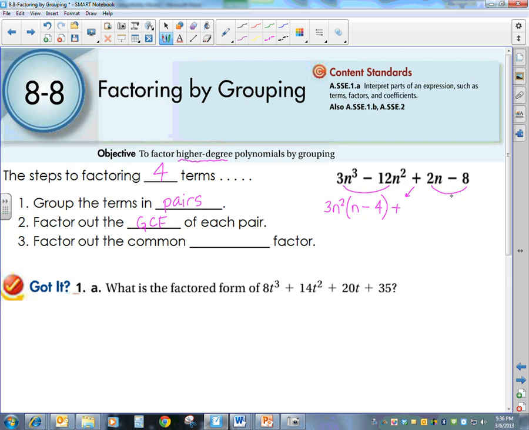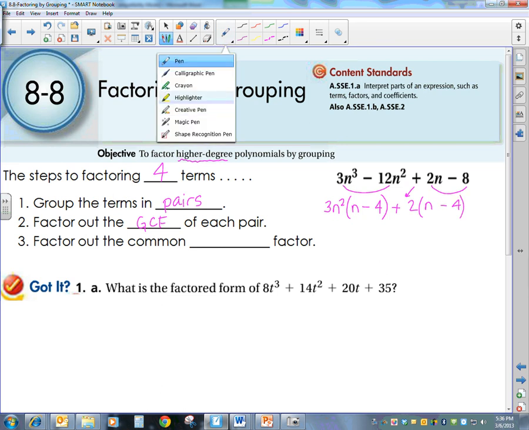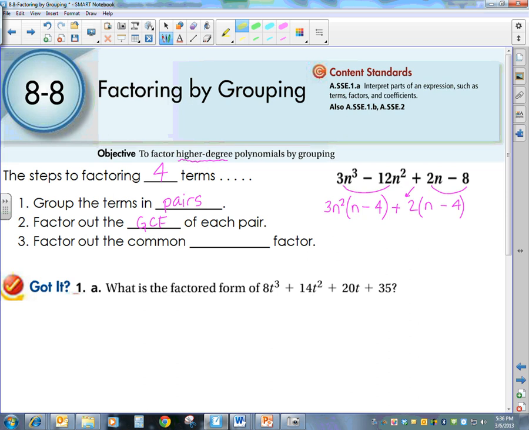Then I look at my last two terms. What do they have in common? 2. When I take a 2 out of 2n, I have n. 8 divided by 2 is 4. Carry down my minus sign. So hopefully you can notice that these two are exactly the same.